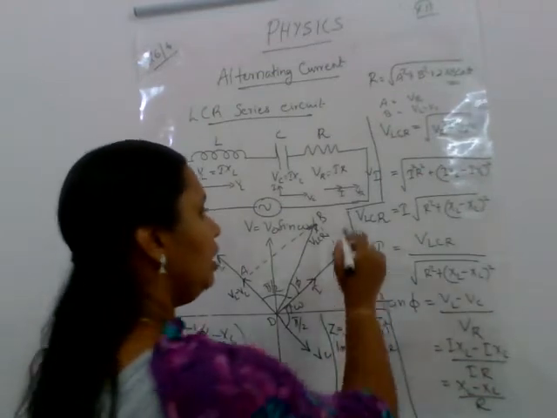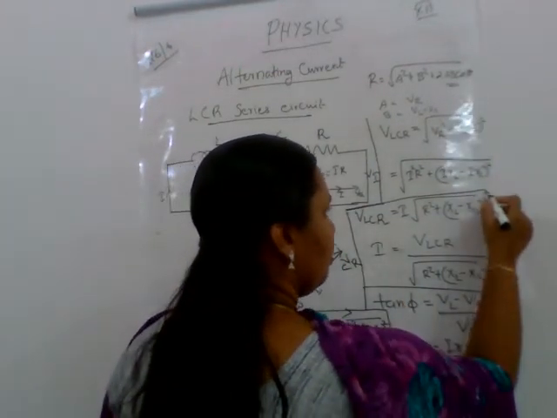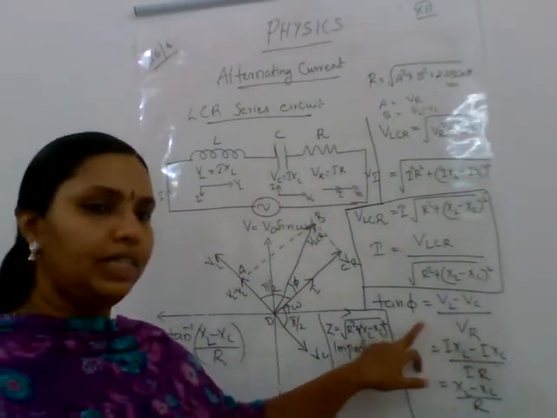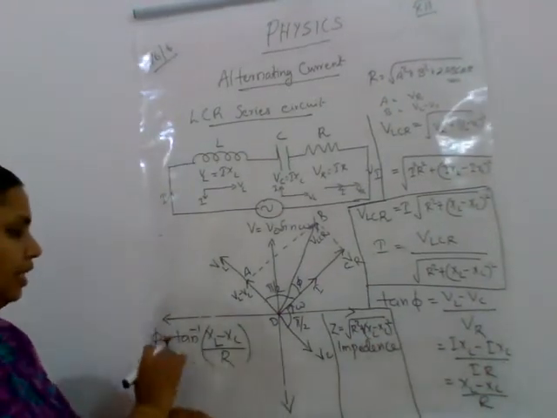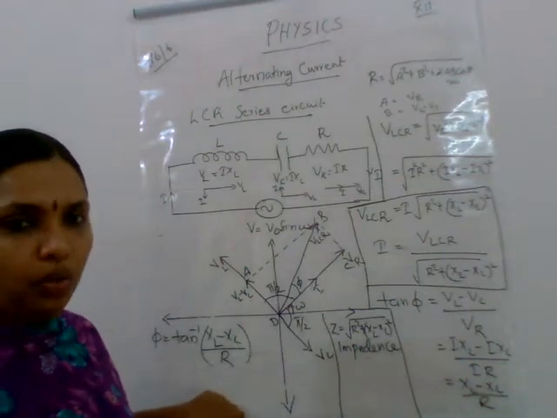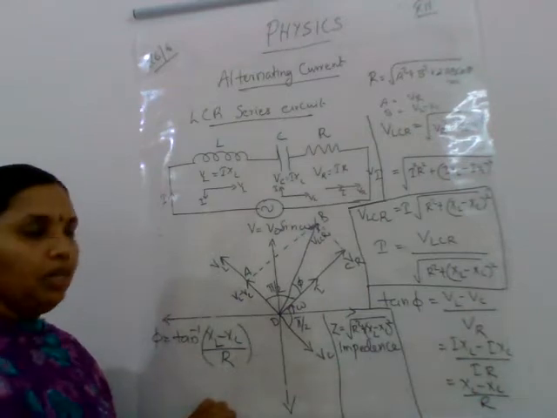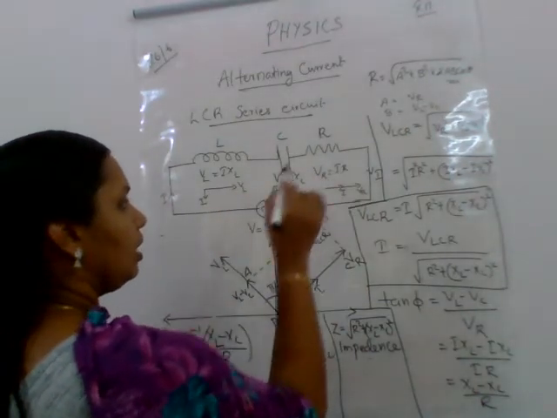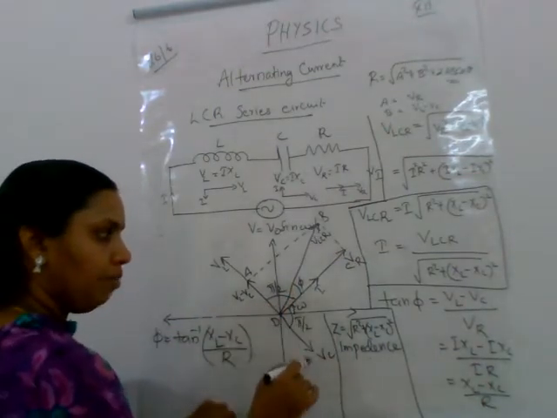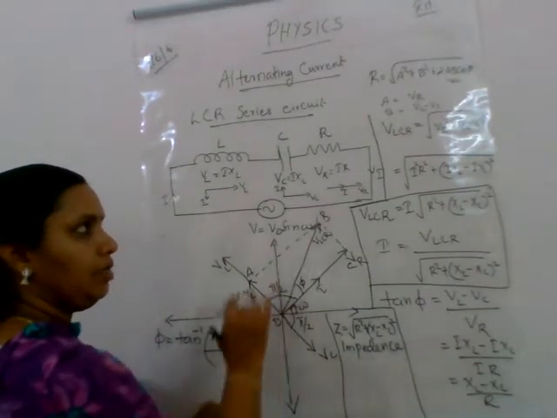Okay, so this is the voltage and current across the series LCR circuit. And what is the condition? There is a phase difference between voltage and current, and that phase difference phi is equal to tan inverse of XL minus XC by R. We are deriving it using the phasor diagram. Here, inductor, capacitor and resistor, all the three phasor diagrams we have drawn separately. Now it is combined, and from that we can find out the resultant of the vector, that is VLCR.